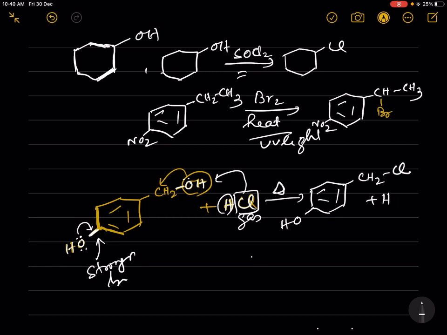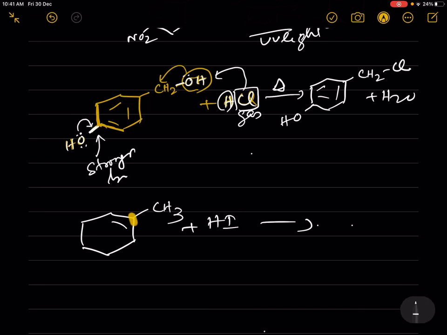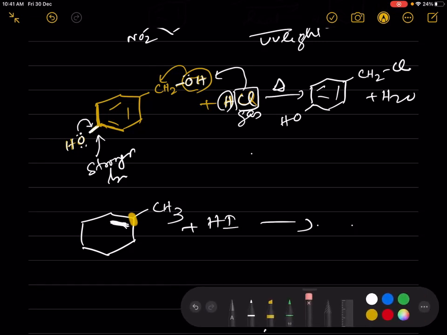Next, treat this one with HI. You see, at this position there is only one carbon, that you know, but no hydrogen atom, because you see there is a double bond, and this carbon has 1 2 3 4 bonds.